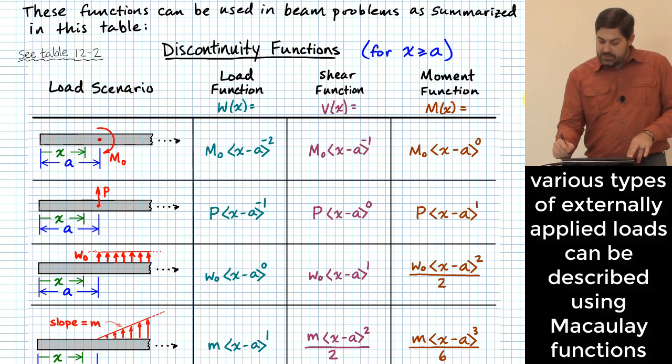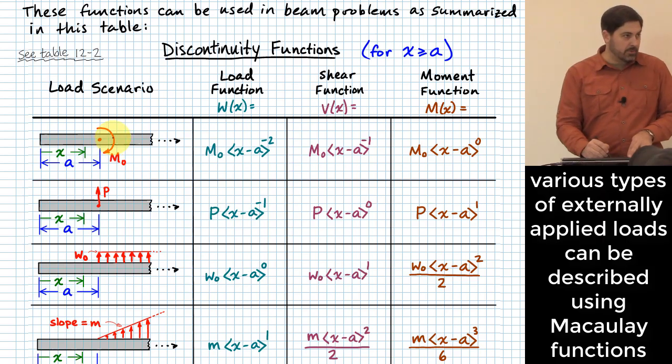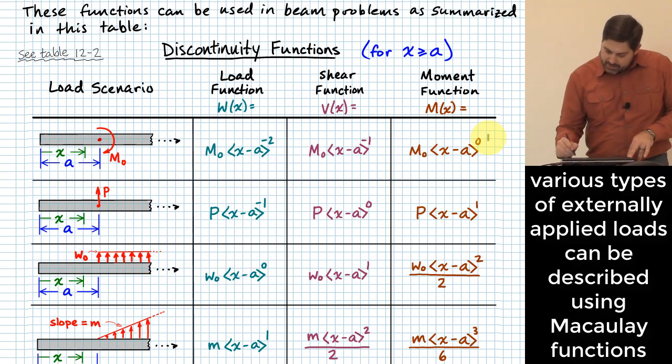I won't necessarily step through all of these, other than just to note, for each of these first 3 loads, we're talking about a concentrated moment, a concentrated force, and then a distributed load. Notice that for each of these, the version to the 0th power is the one that describes that kind of load.